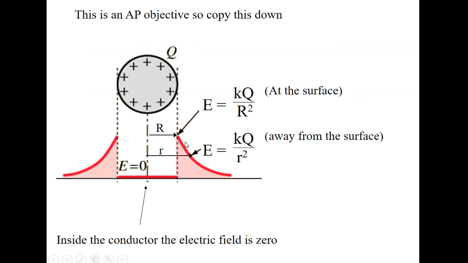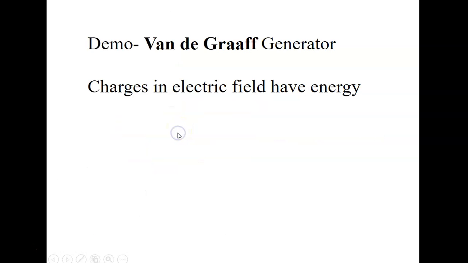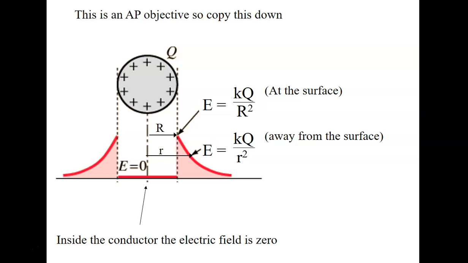At the surface of the sphere, it's kQ over r squared, where r is the radius of the sphere. Once we go within the sphere, remember there's no electric field within a charged conductor, so the electric field drops down to 0, and then it continues out on the other side.